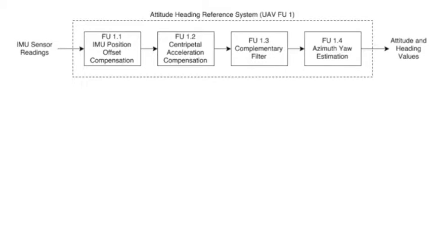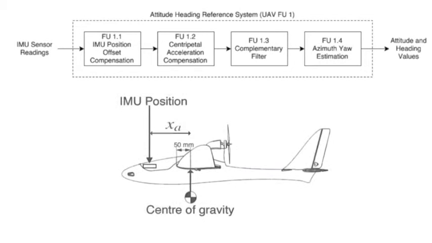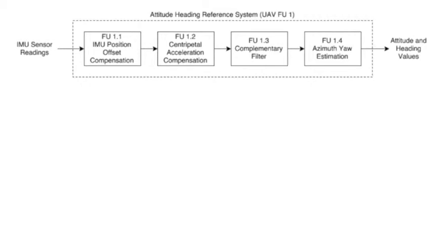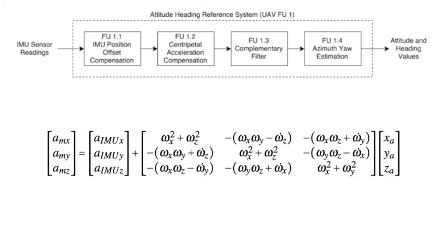Okay, so the attitude heading reference system takes the IMU sensor readings from the accelerometer, the gyroscope, and the magnetometer, and then it has to do an IMU position offset compensation. This is because the IMU is not mounted at the center of gravity, so in order to measure what's happening at the center of gravity, you have to do a transform for the position.